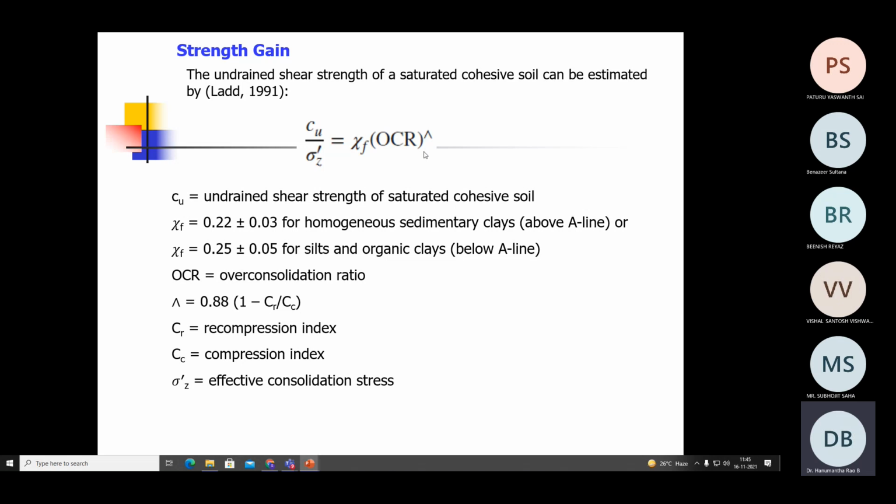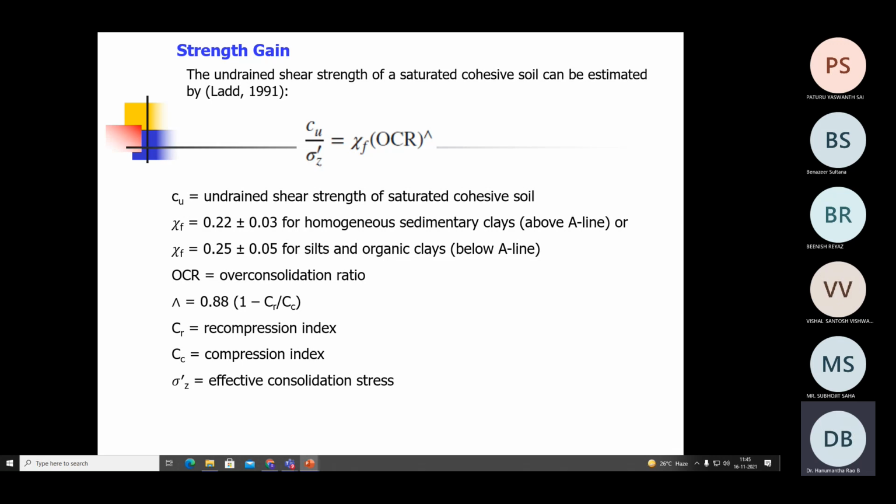Here you can see Cu is equal to chi f into the over consolidation ratio to the power lambda, multiplied by sigma dash. That means the improvement of the undrained strength is a function of the amount of the surcharge load that you have applied and the soil type. The soil type is decided by the OCR. Is it normally consolidated soil or over consolidated soil or whatever it is.